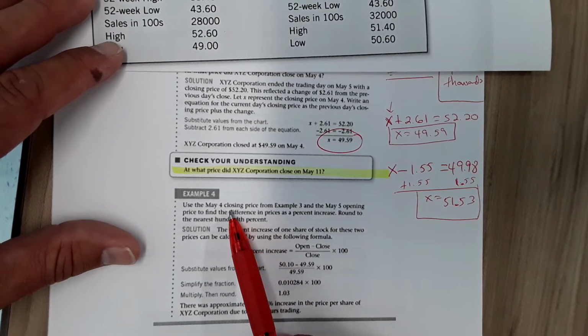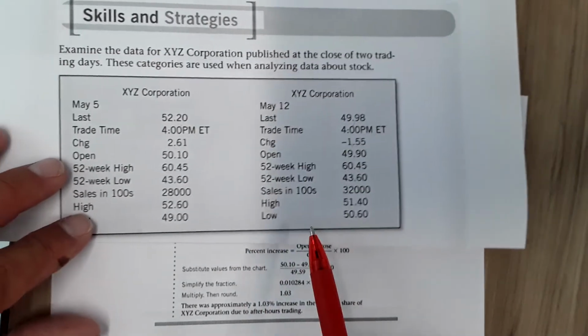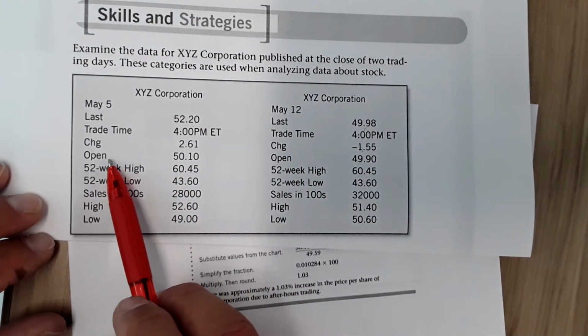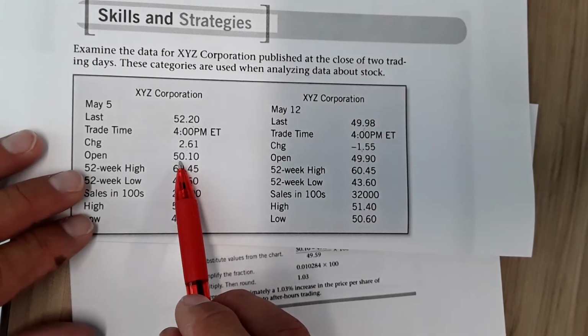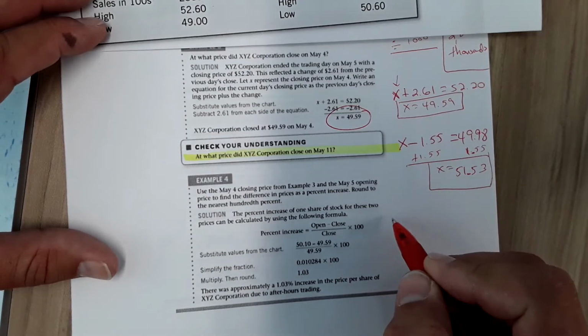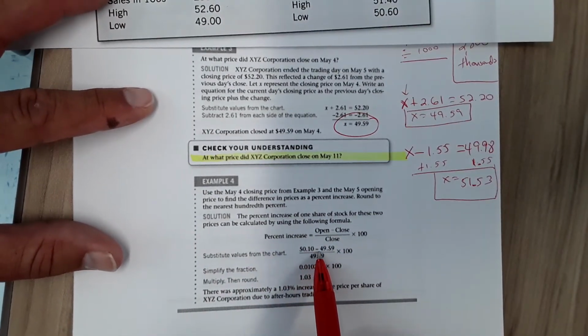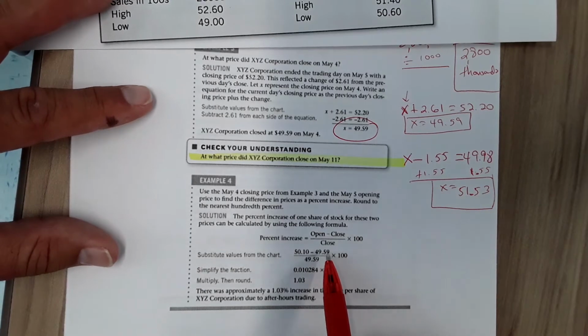I've got this number here. Well, on May 5th, this column here, it opened at $50.10. So I'm using $49.59 and I'm using $50.10 to find the percent of change or the percent increase.